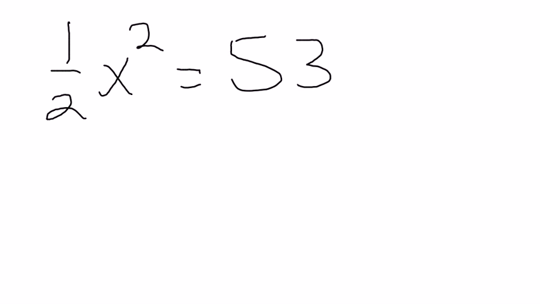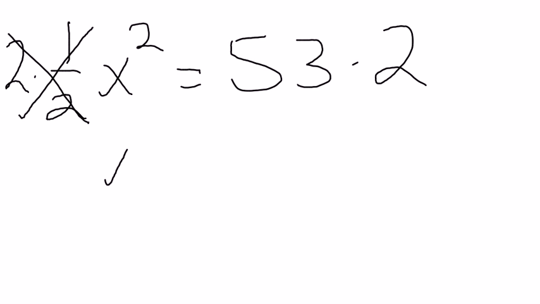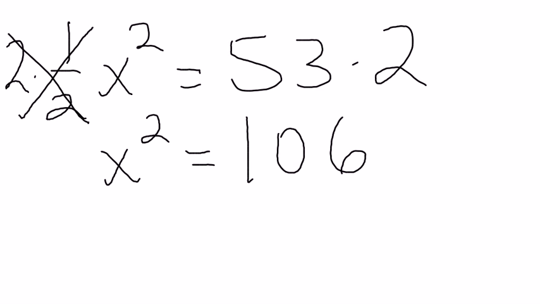Okay, that's our area, but we know it has to equal 53 because it tells us it's 53. All right, so how do you get rid of 1/2? Well, we can multiply by 2, right? Or divide by half, either way you want to do it. All right? The 2 and the 1/2 cancel here. And 53 times 2 is 106. All right?